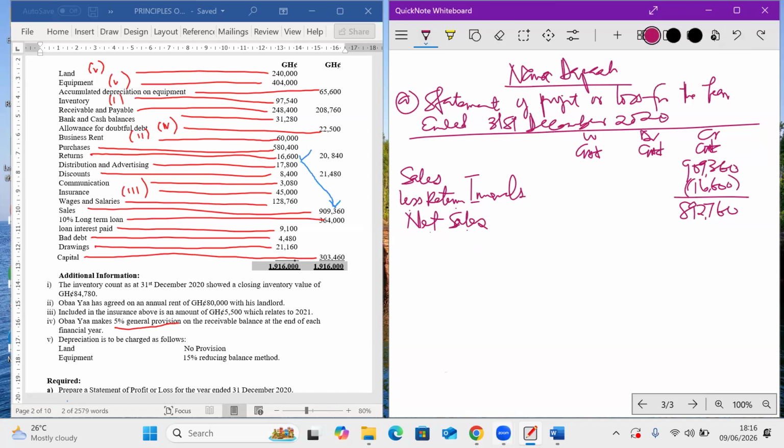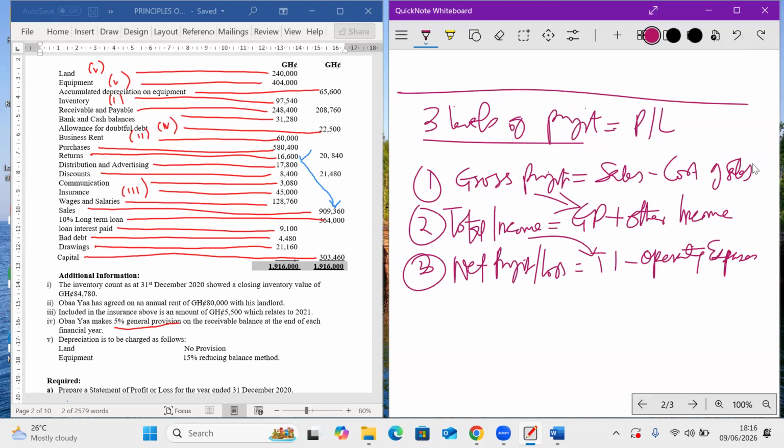So this is net sales. We are to find sales minus cost of sales. But because there is an adjustment on the sales, you have to make the adjustment before we come in with the cost of sales. Where does cost fall in the account? On the debit side, because cost goes with expenses and losses.